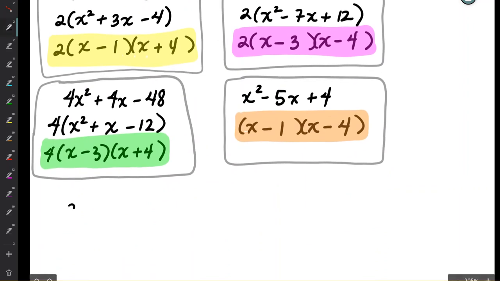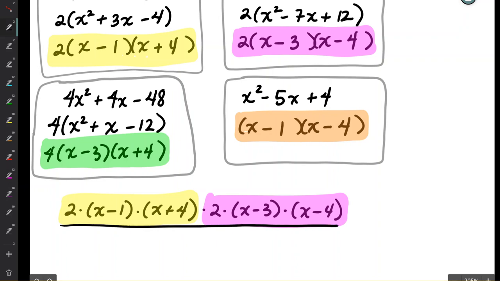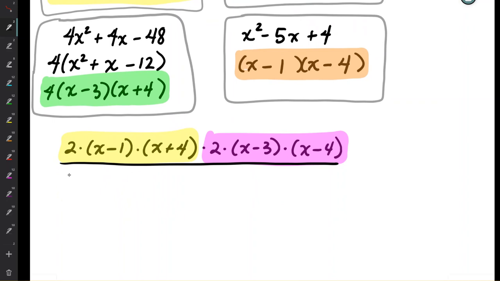Multiplying straight across. Yellow. And I think I'm going to emphasize the multiplication. Yellow is those three objects multiplied together, times pink is these three objects multiplied together, two times the quantity x minus 3 times the quantity x minus 4, all divided by green times orange.